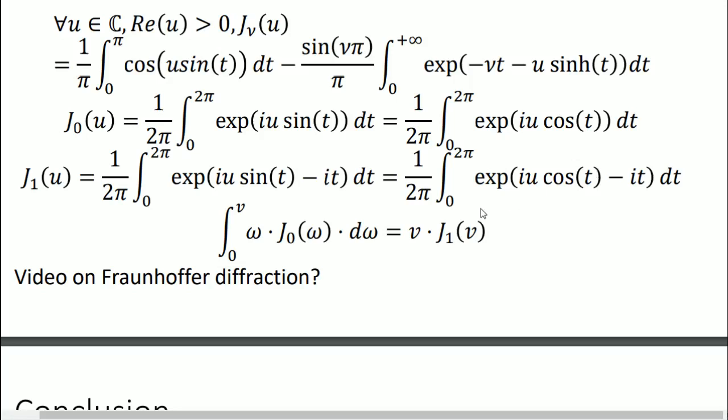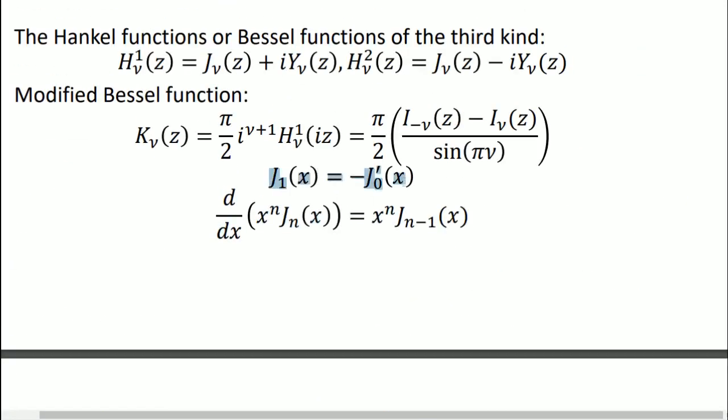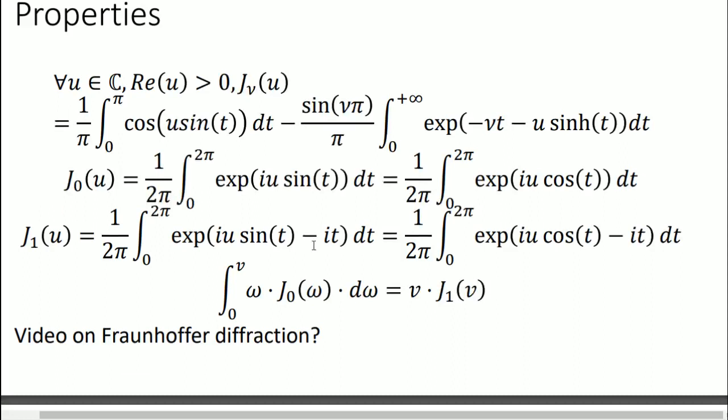And then we have another property that comes from this property here. When you integrate x times J0 of x dx from 0 to v, it's equal to v, the top boundary, times J1 of v.